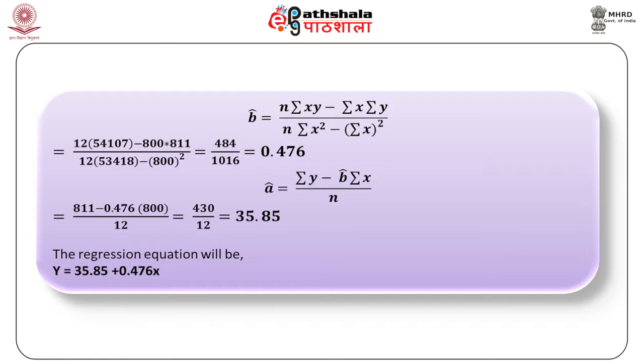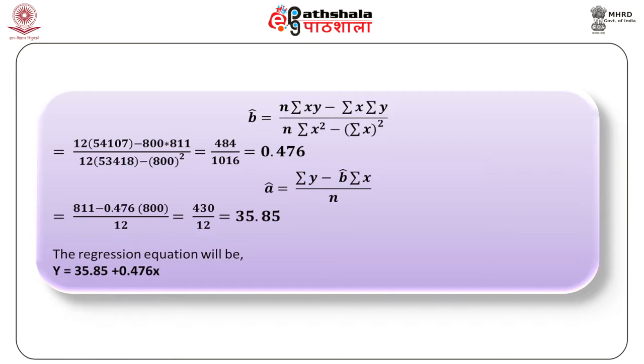If we put in the respective values, we get b cap equals 0.476. Computing a cap, which equals summation y minus b cap multiplied by summation x, divided by n. Again, putting in the respective values, we get a cap equal to 35.85.